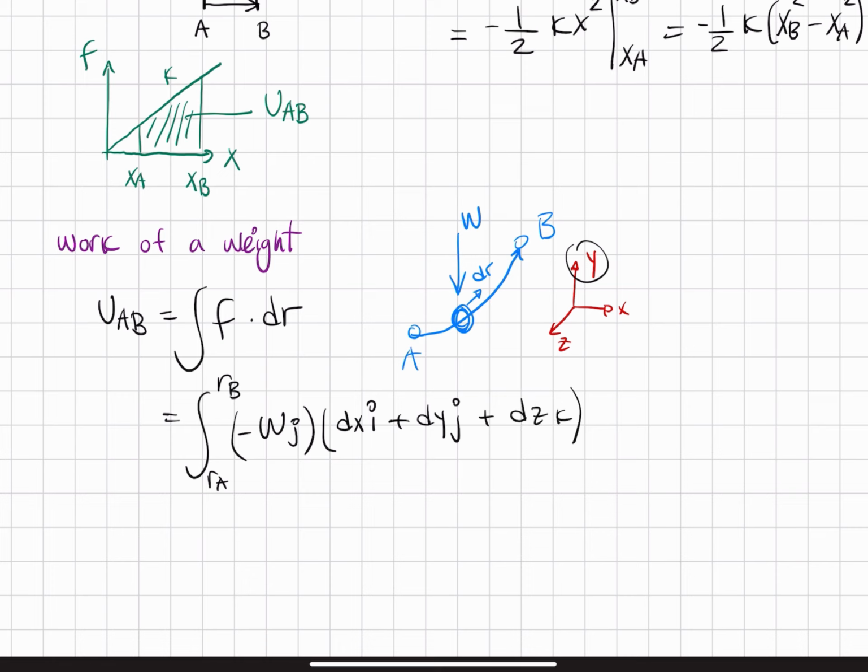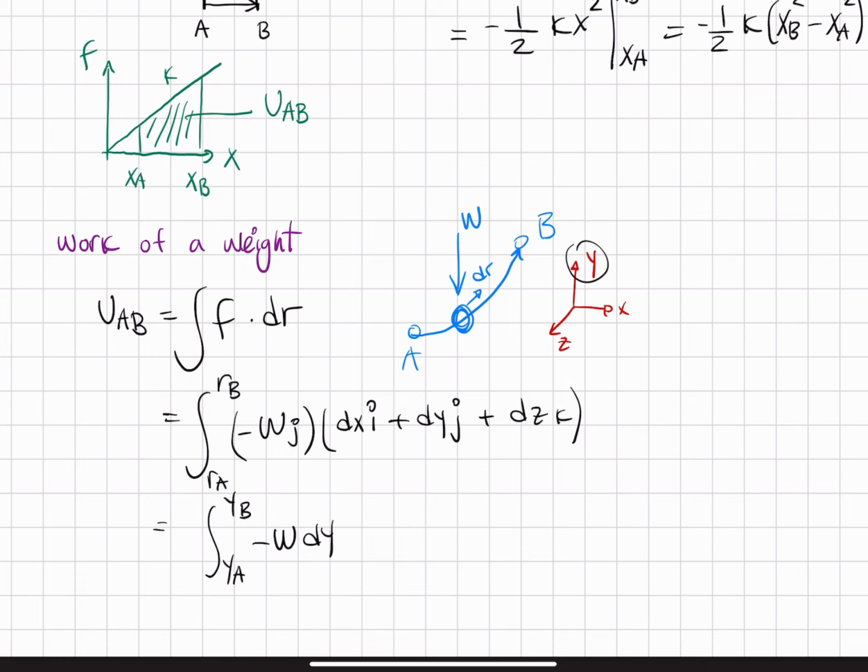Kind of like this. And since work is only being applied in the vertical direction because gravity is only up and down, we can ignore everything except for the j components. So what we end up with is the integral from ya to yb of minus w dy.